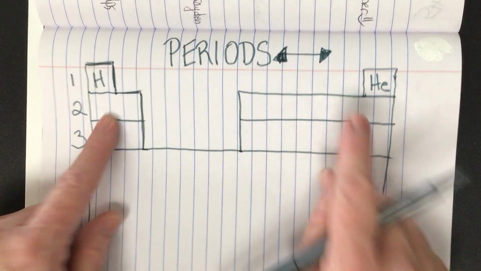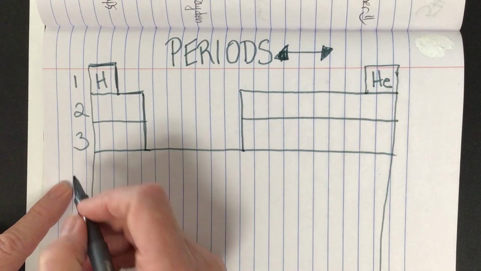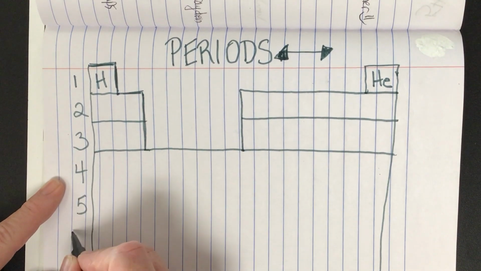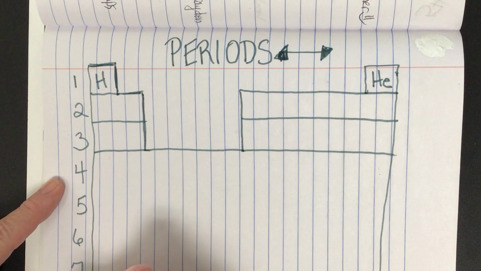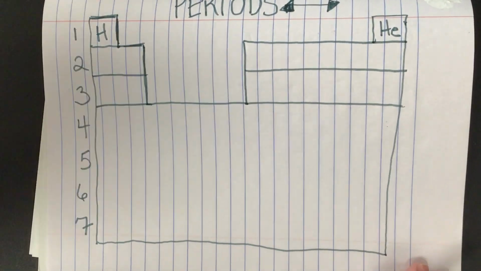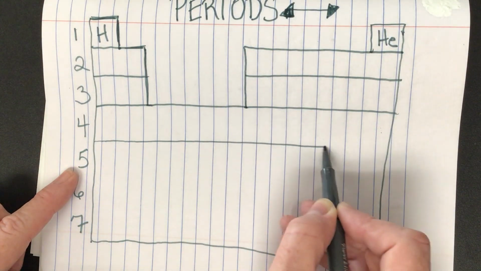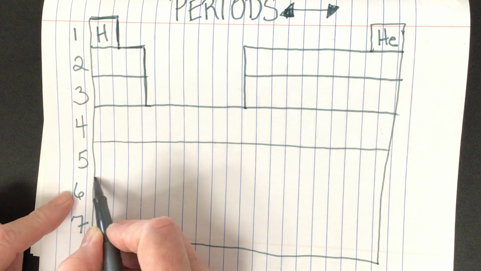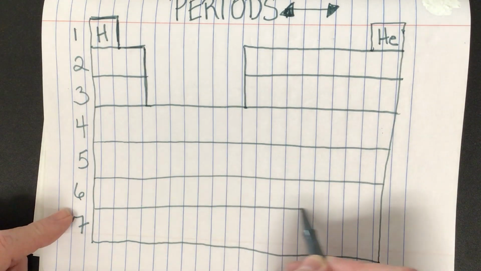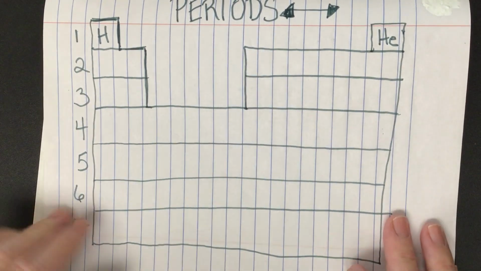It might be 10, but it doesn't matter. They have more than period 1. And then we come down here, we have period 4, 5, 6, and 7. And then you can just go ahead and draw the periods. So how many periods on the periodic table? 7. Okay, good. There are 7.